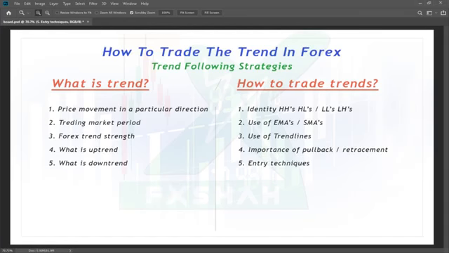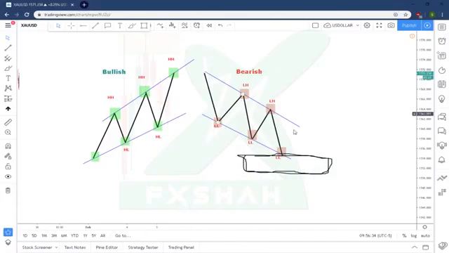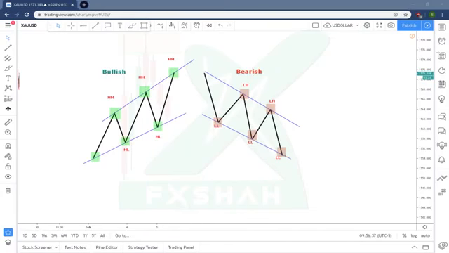Now we have the last point, entry techniques, which is the aim of the whole story. How to enter a market? As you know, we have examples for bullish and bearish markets. If the price moves like this, and now the trend is confirmed, we are in a trending market with at least two touches.